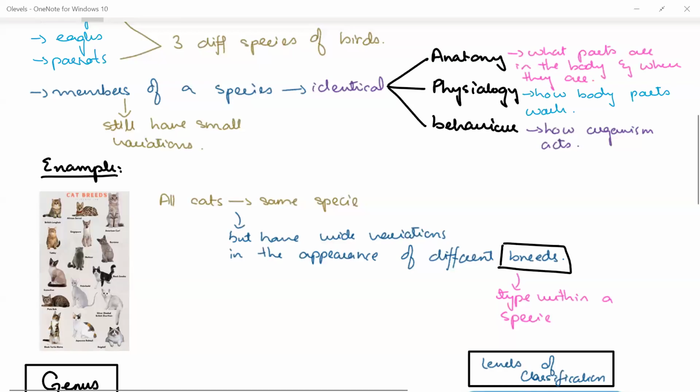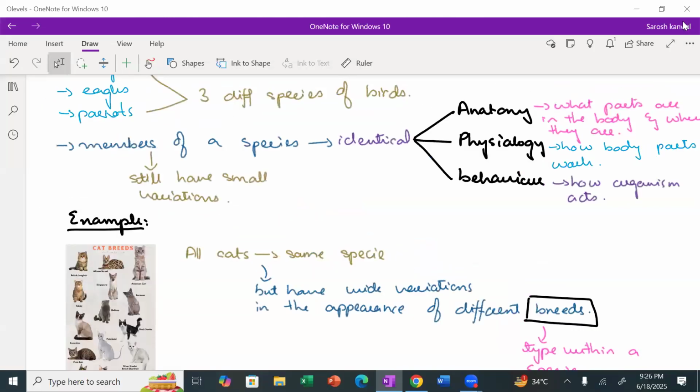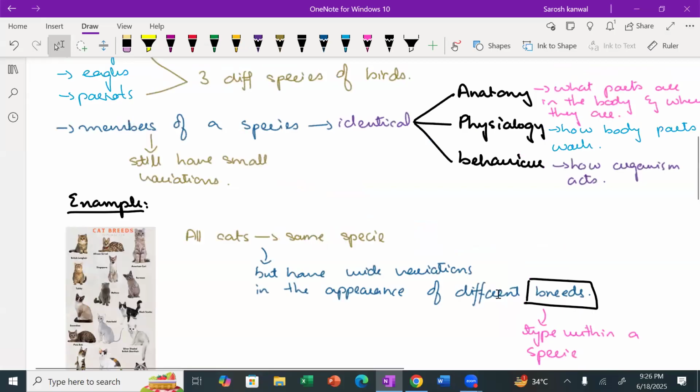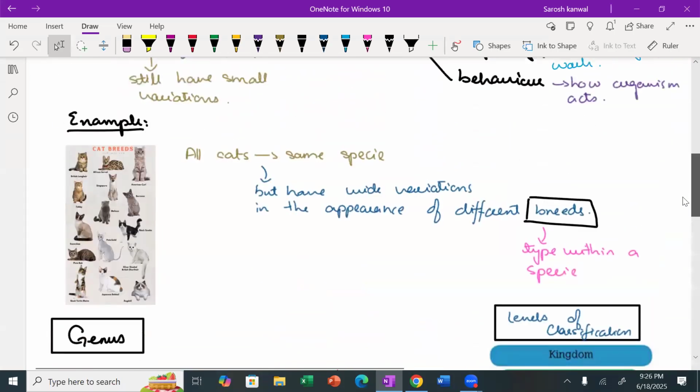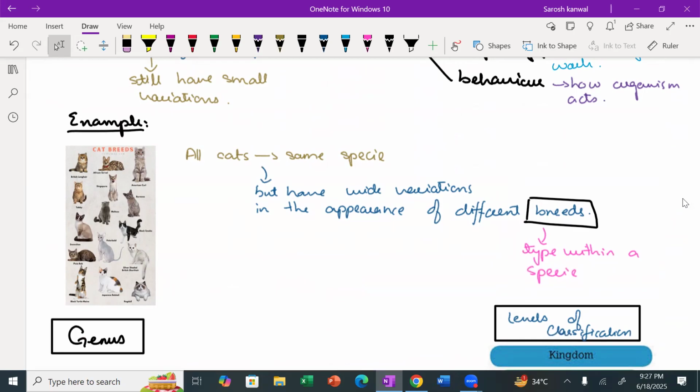Ma'am, I don't know many. I do know some, like the German Shepherd. Is that a breed? Yes. I guess Labrador as well. I guess that's all that I know.